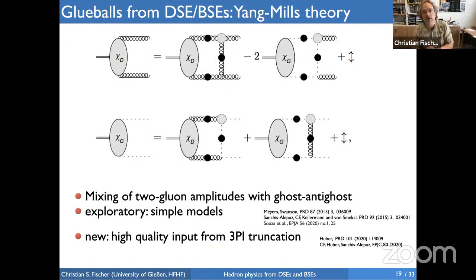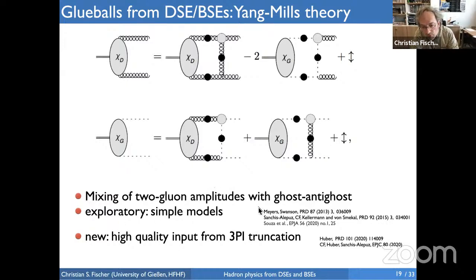Now, with our Dyson-Schwinger-Bethe-Salpeter framework, we can also calculate glueballs. For us, glueballs are states which contain either 2 gluons or, for certain quantum numbers, a ghost-anti-ghost pair. And they form a coupled system of equations where these 2 gluons interact, for example, via gluon exchange, or the ghost state also via gluon exchange, or here via ghost exchange.